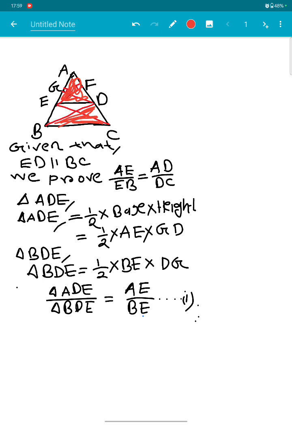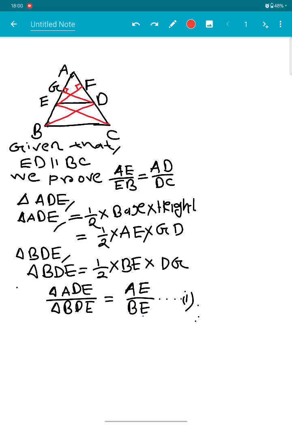Now we work on the two triangles AED and BDC. Here you see that triangle AED and triangle BDC have the same height. DC is the base of triangle BDC and AD is the base of triangle AED.